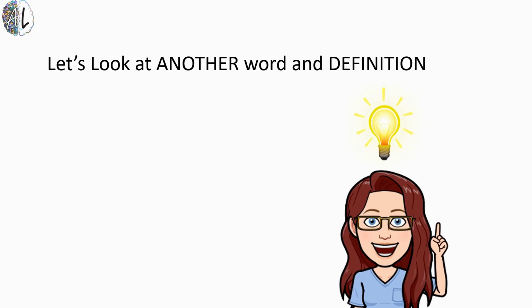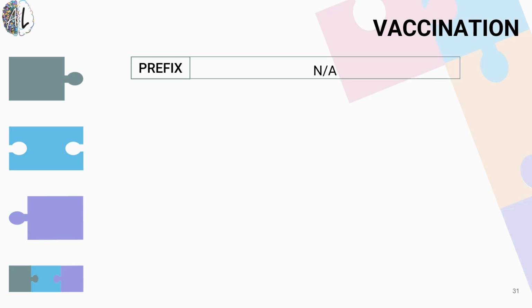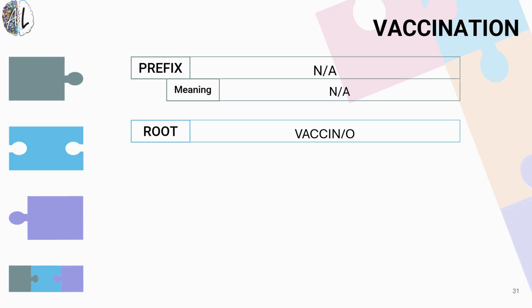Of course, we have some more. Let's keep going with our word breakdown. Next up is the term vaccination. Vaccination. Go ahead and see if you can break this down. Okay, so vaccination has no prefix in the term.